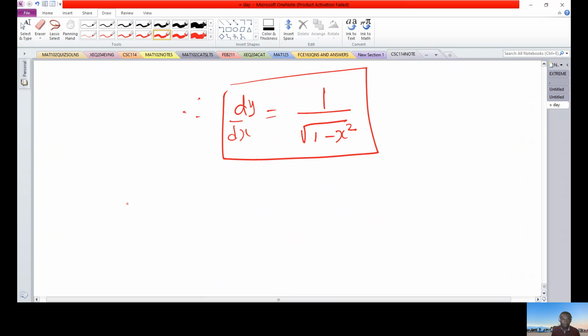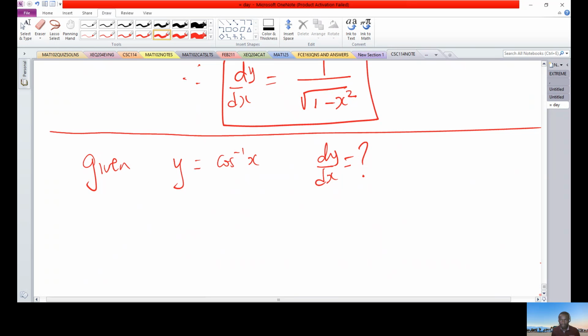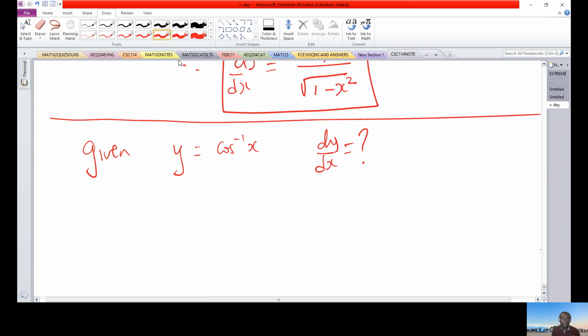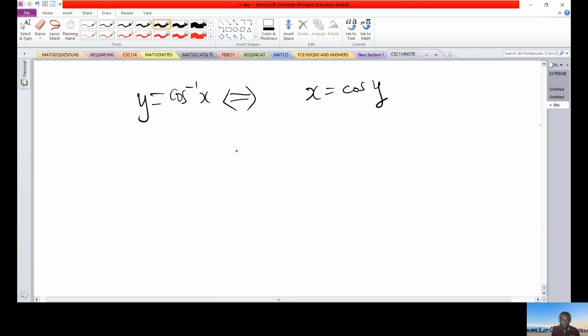Number 2: given y is cos inverse of x, dy dx is given by... in a similar form, you change the function from being an inverse trigonometric function to a normal trigonometric function. So y equals cos inverse of x is nothing but saying x equals cos of y, which is the same thing as saying cos y equals x.